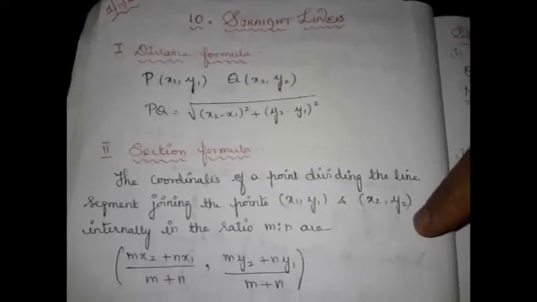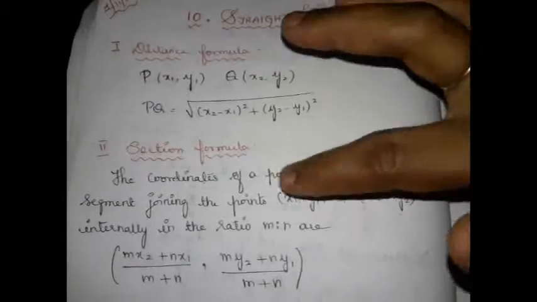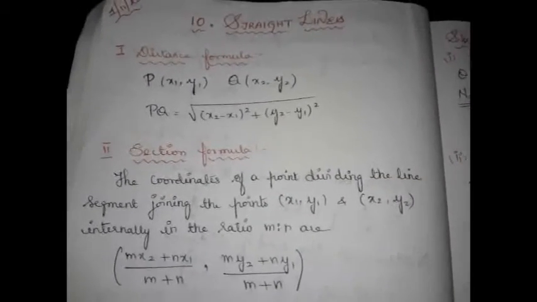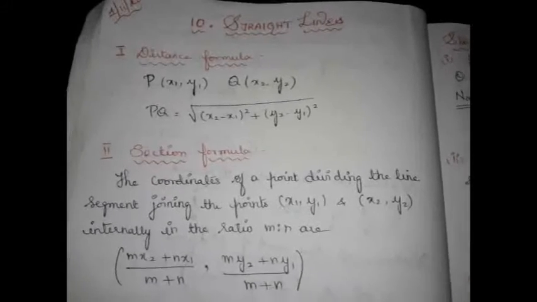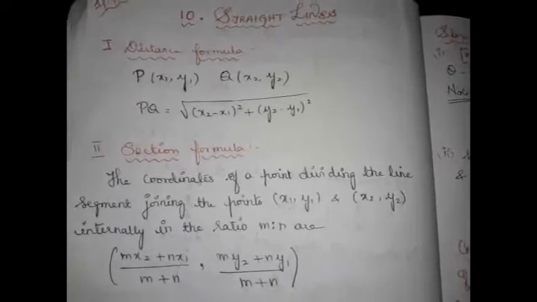Next we have learnt the section formula. The coordinates of a point dividing the line segment joining the points x1, y1 and x2, y2 internally in the ratio m is to n. We have learnt a formula for externally as well, so externally we will have minus. What does this mean?